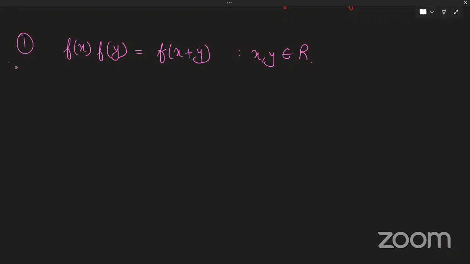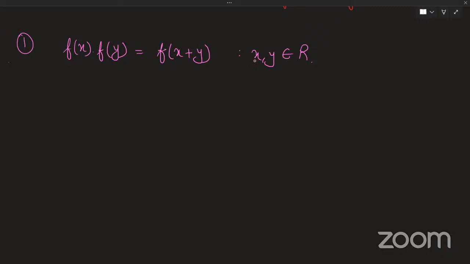Where does this thing happen? Just go back to your basics. Which type of functions does it happen in? Logarithm function, sir. Are you sure this is what happens in logarithm functions?